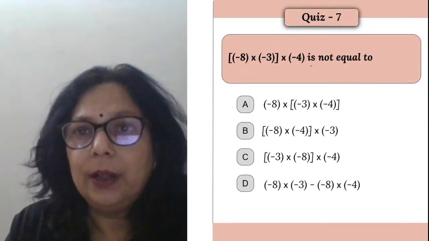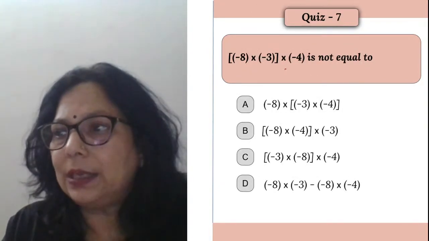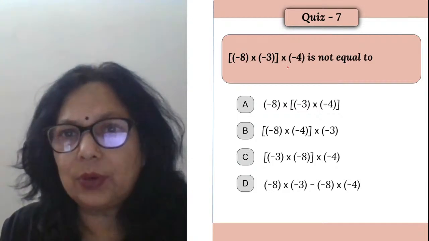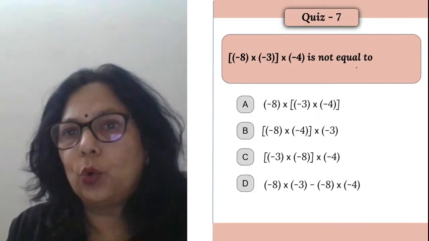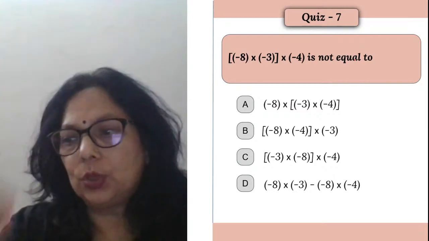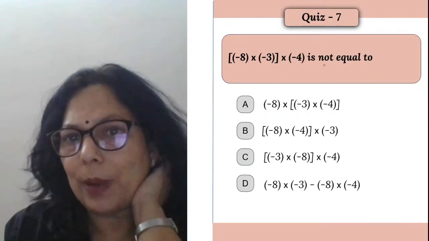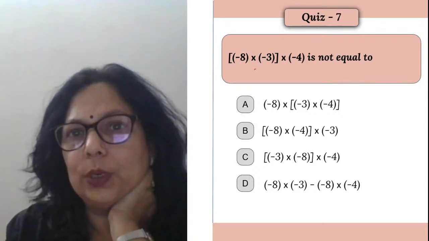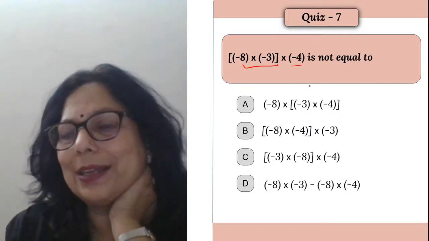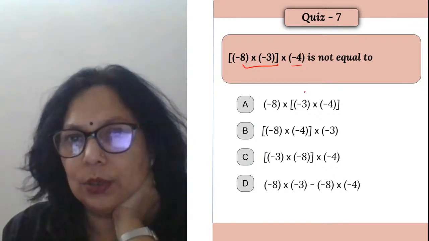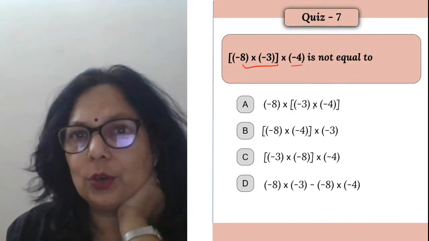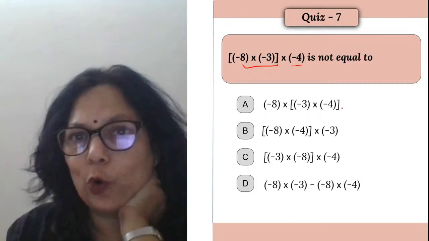Very much right. Next, minus 8 into minus 3 into minus 4 is not equal to... See, it is the associative property of multiplication. So, minus 8 into minus 3 into minus 4, correct.